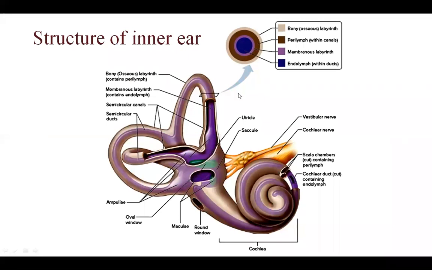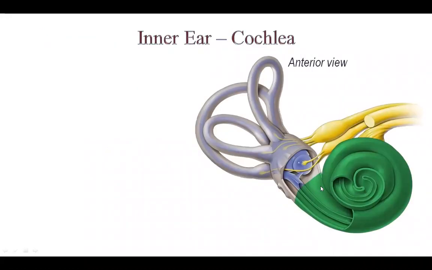If you look at this structure of inner ear, outside it is bony labyrinth. Within the bony labyrinth is enclosed membranous labyrinth, the purple structure. So we are concerned only with this structure, cochlea. Now once you divide the cochlea, because of the presence of this middle purple structure, it gets divided into 3 chambers. So this is what is cochlea.